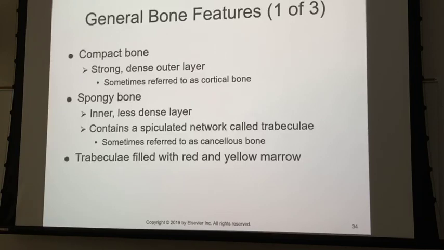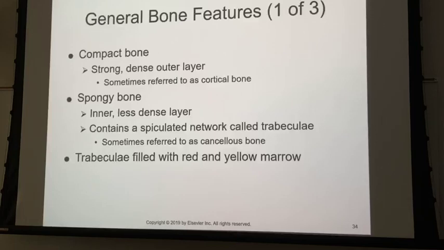And then on the inside, you've got the spongy bone, and that's less dense, and it's kind of a spider web appearance to the bone itself. So if you're looking at extremity work, all those little lines that you see going through the inner canal is what we call cancellous bone.